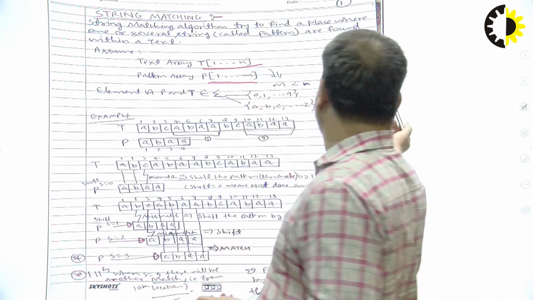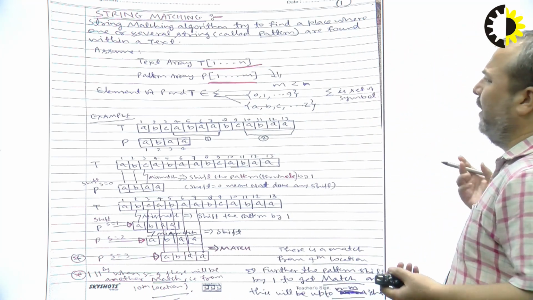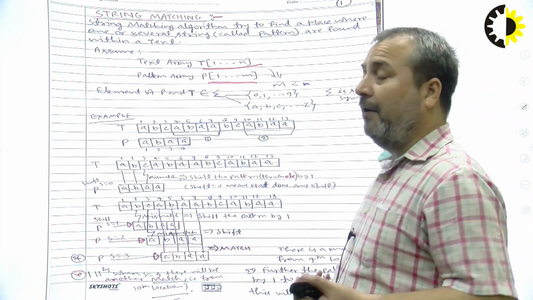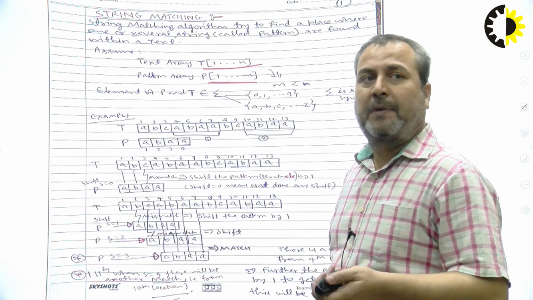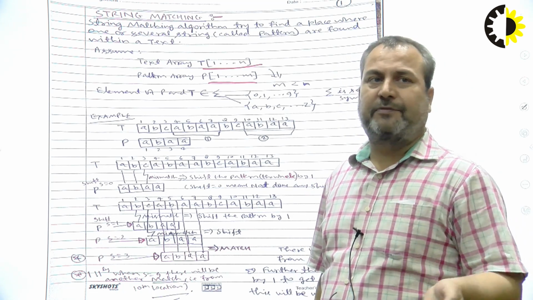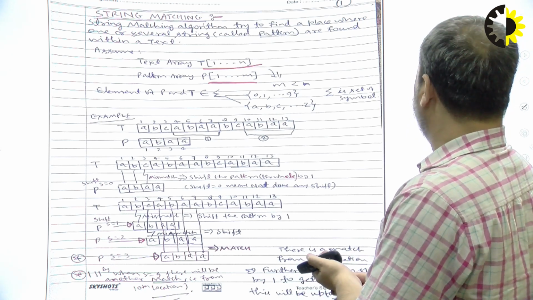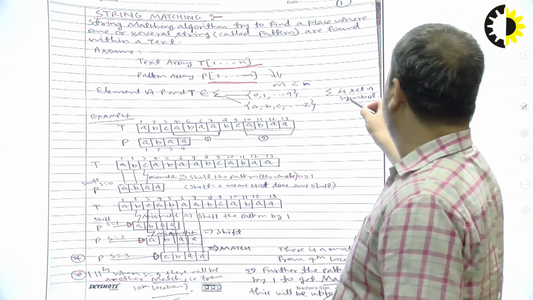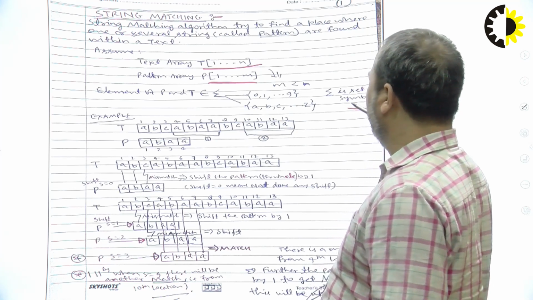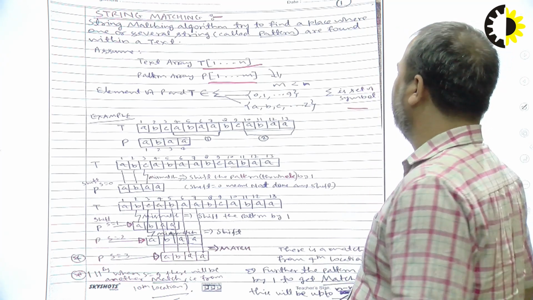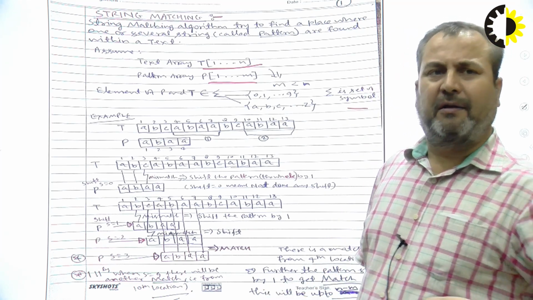Sigma is the set of symbols, like 0 to 9, or ABC, or PQR, or alpha, beta, gamma.